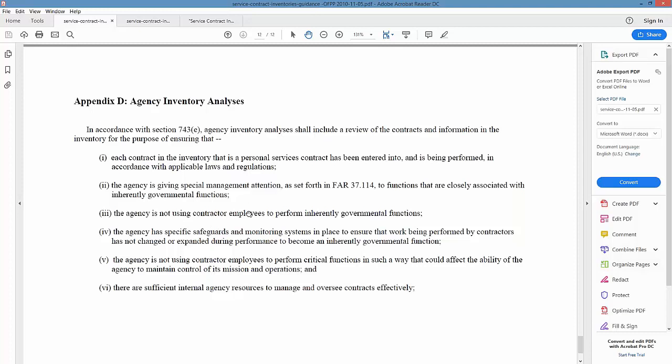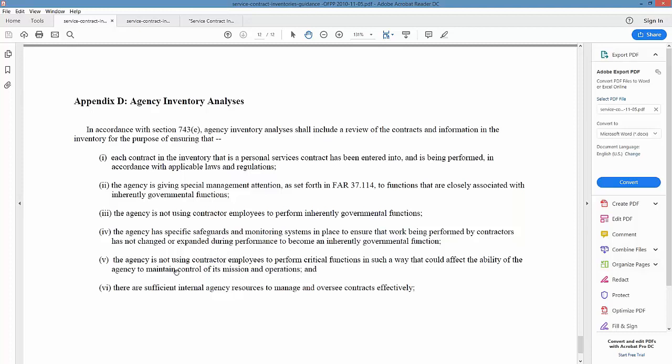The agency is not using contractor employees to perform inherently governmental functions. The agencies have specific safeguards and monitoring systems in place to ensure that work performed by contractors has not changed or expanded during performance to become an IGF.